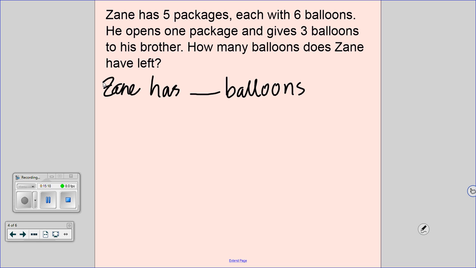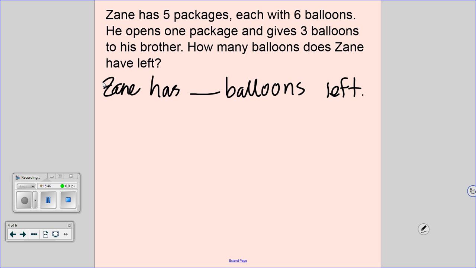You can just end it, Josh, at left. Period. We don't need the rest of that. Zane has blank balloons left. Zane has blank balloons after giving to his brother. That's fine. It's a little lengthy, a little wordy, but that'll work.